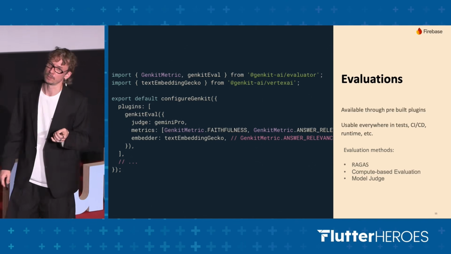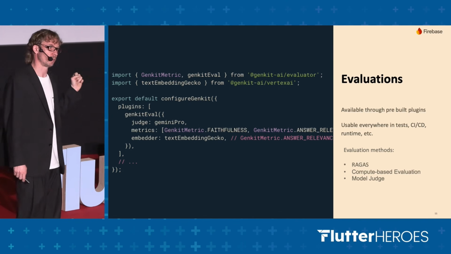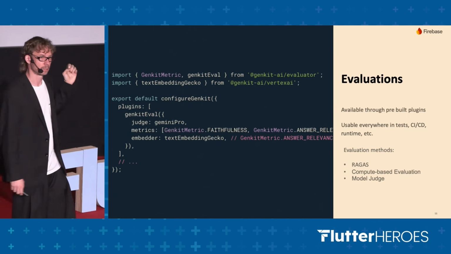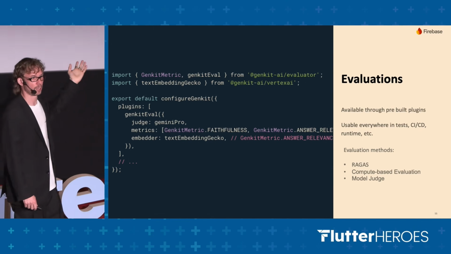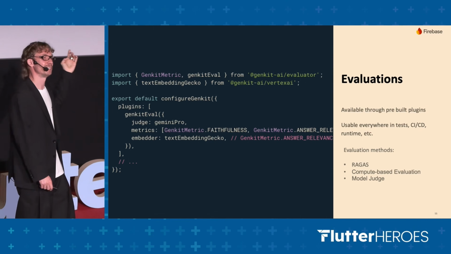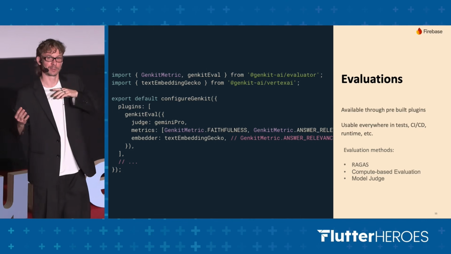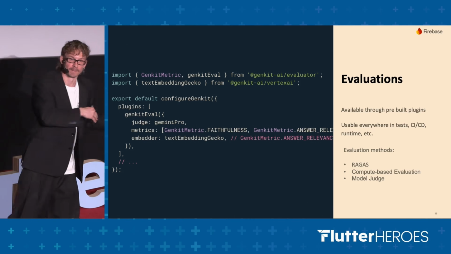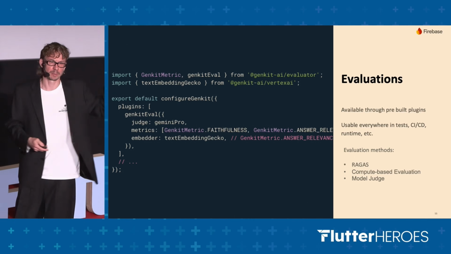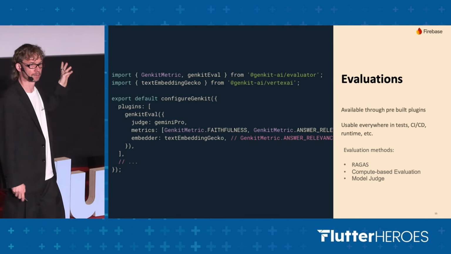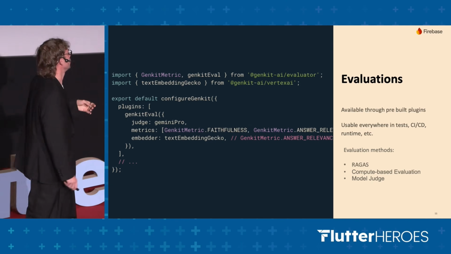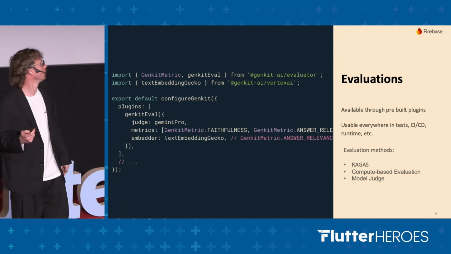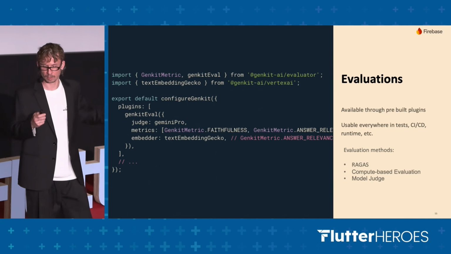Out of the box, we provide a few different approaches to test that AI gives you proper answers. You can use, for example, a model judge, where, as I mentioned, you use one model to check the answer of another model. There are a few specific approaches. I decided not to deep dive into them, but you can check afterwards using RAGAS, compute-based evaluation, or model judge. All of them are provided by Genkit.